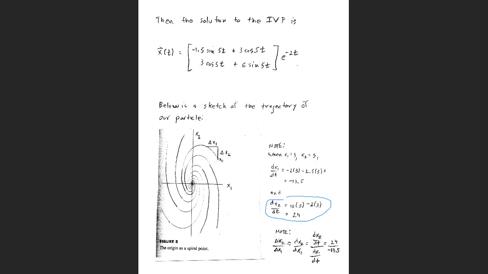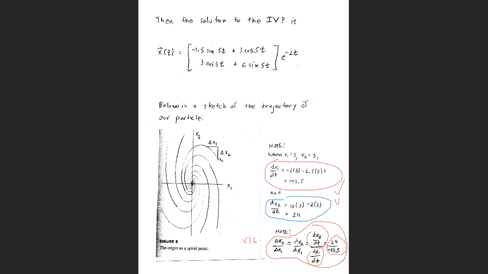Then delta x2 divided by delta x1 is approximately dx2 over dx1, and that can be written as the ratio of these derivatives, dx2/dt over dx1/dt, and that's going to equal 24 over negative 13.5. So think about rise over run.